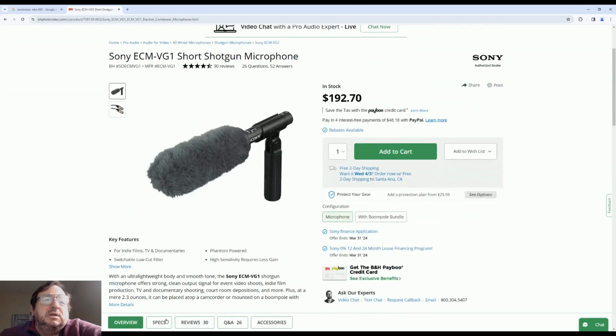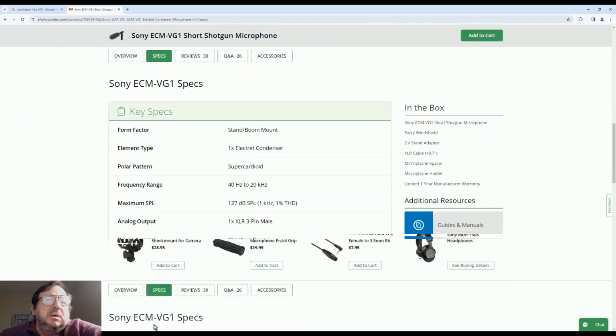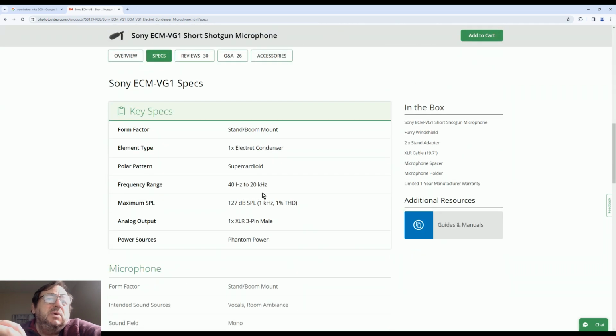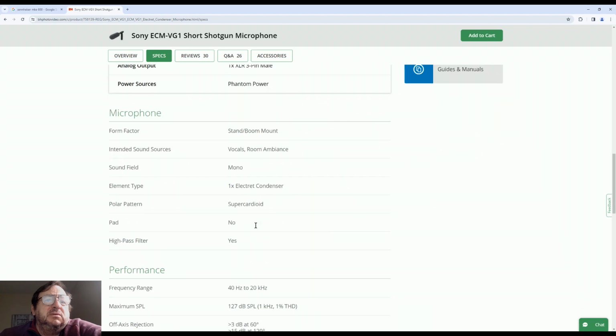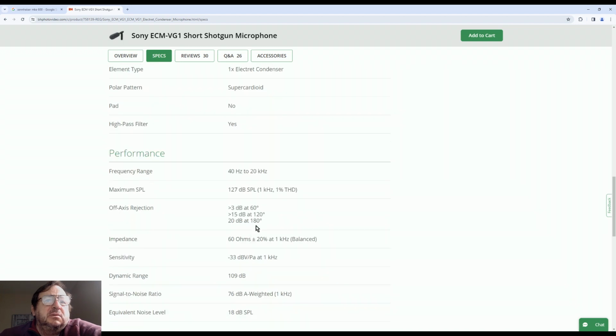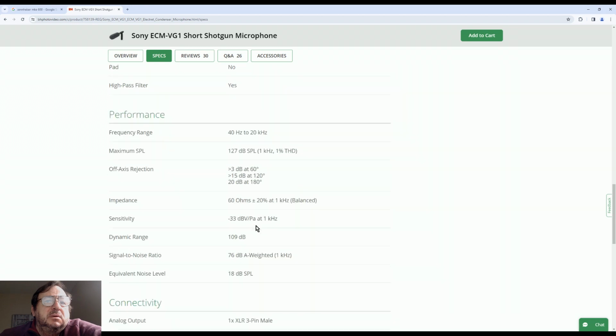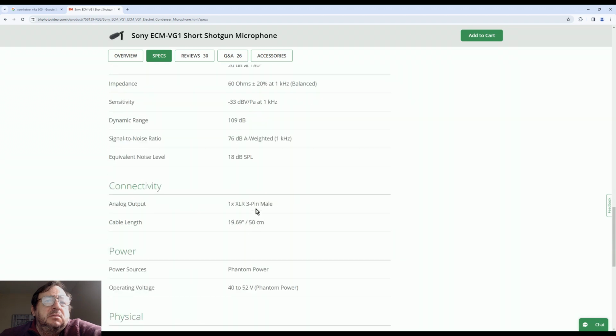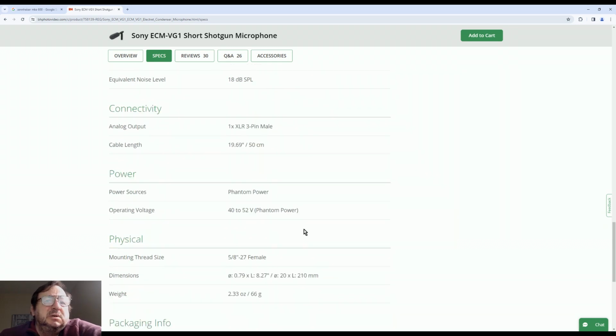But you need to look at specs. Anytime you go less, you see 40 to 20. But it's XLR. This particular one doesn't have 3.5. So some have XLR and 3.5, some have just 3.5, some have USB.